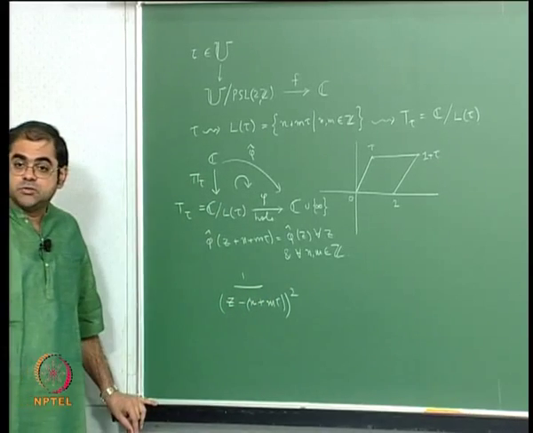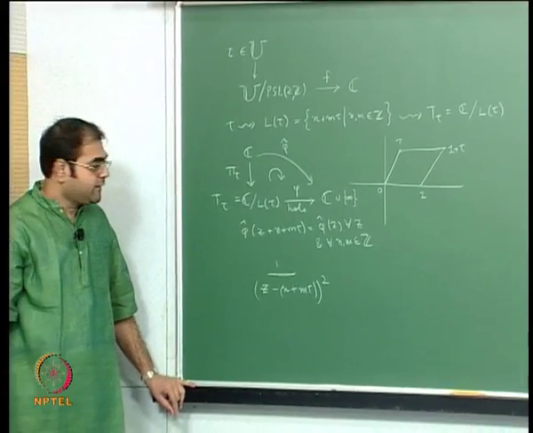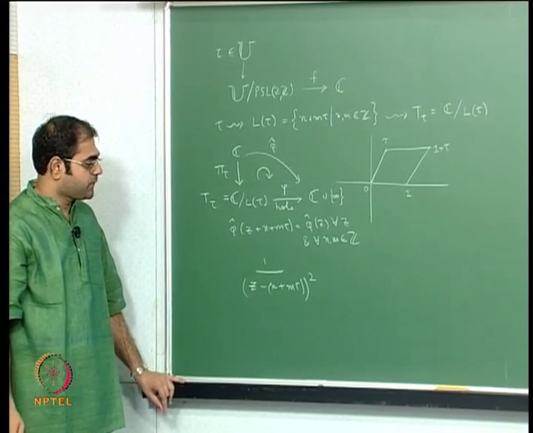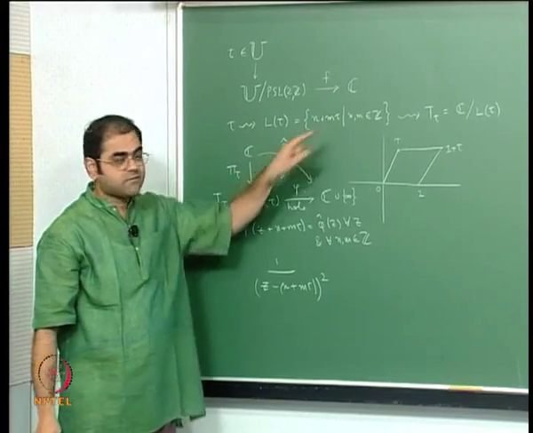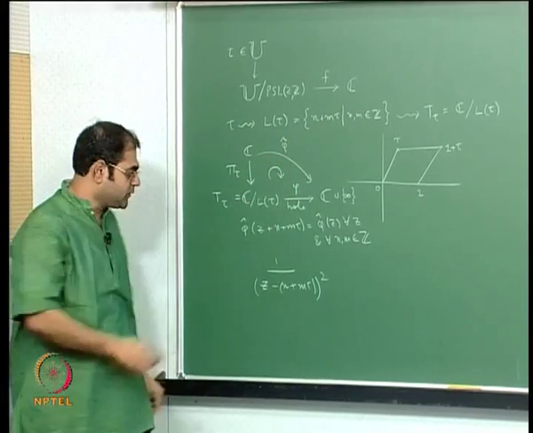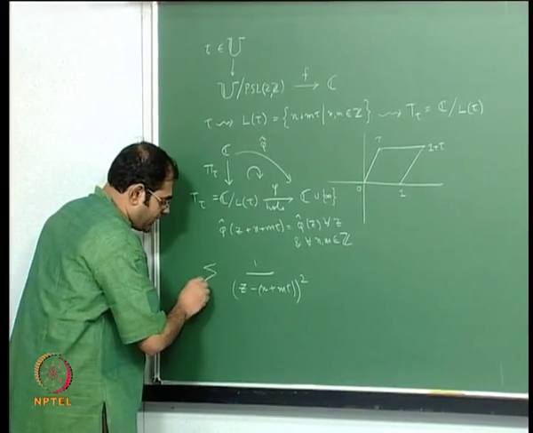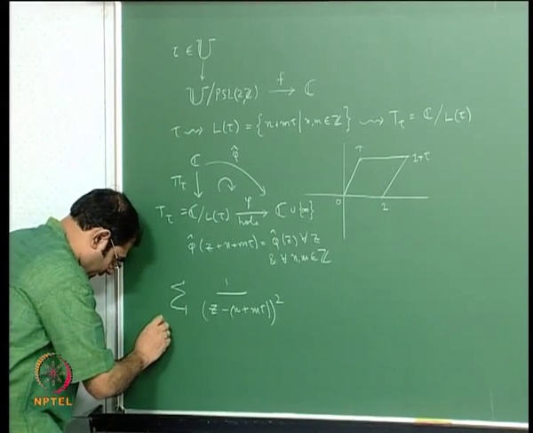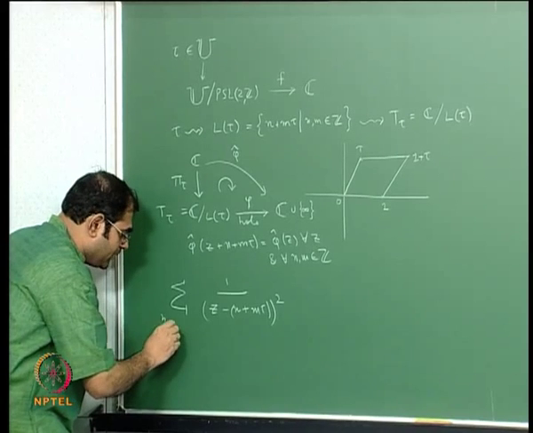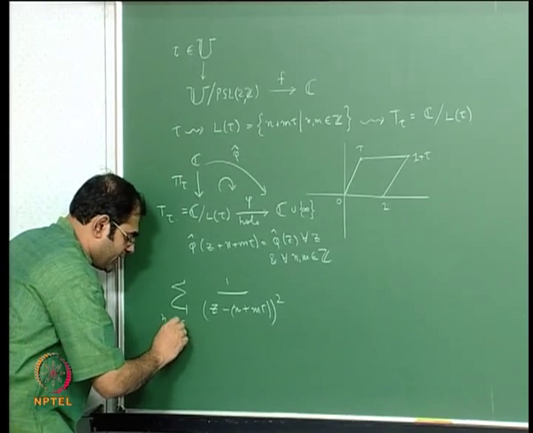This is a pole of order 2 at n plus m tau. But because of periodicity, if it happens at one point of the lattice it should happen at every point of the lattice. So I will have to take the summation of this over n comma m varying over integers.